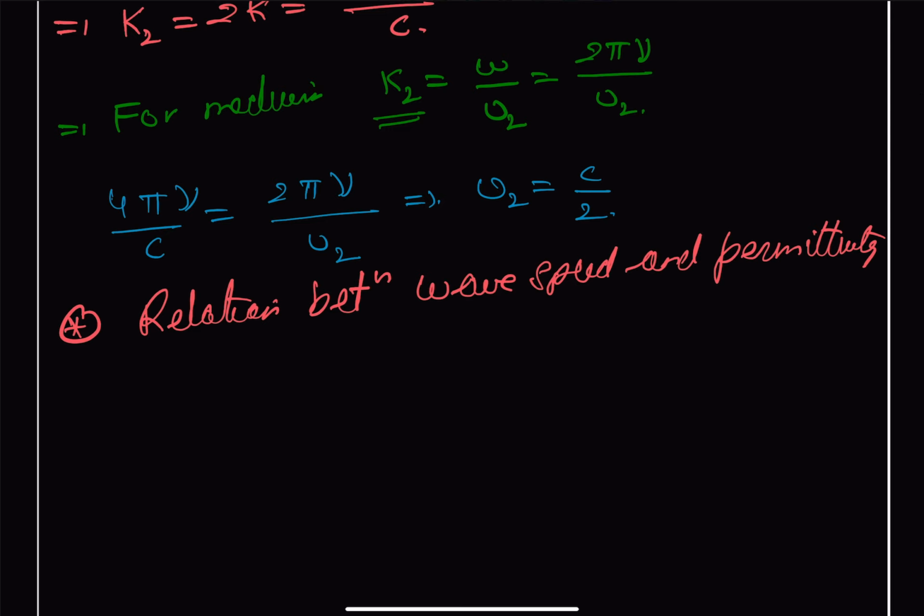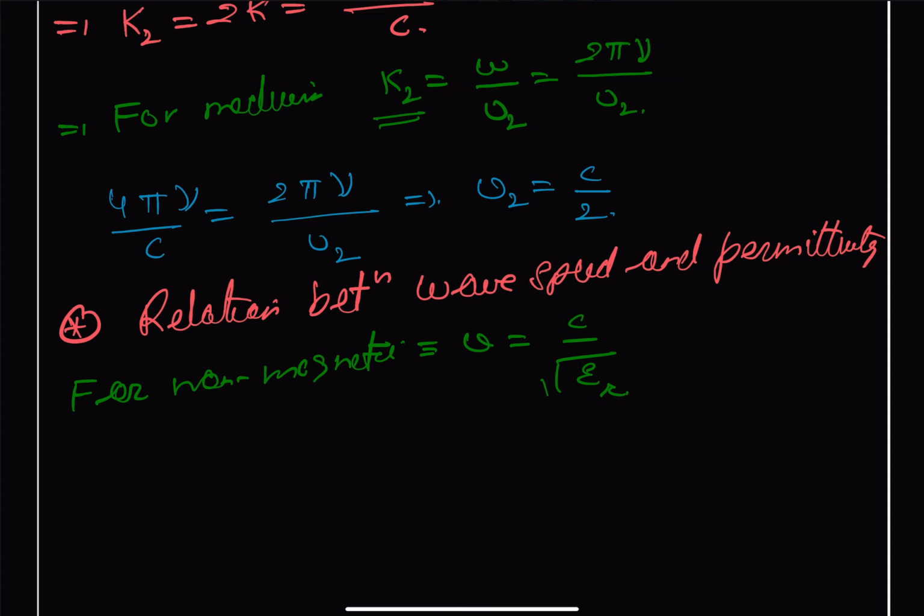And the material that is given to us is non-magnetic. So for non-magnetic material, our wave speed v is equal to c upon square root of epsilon r, that is our relative permittivity.